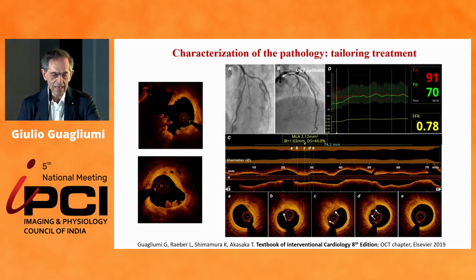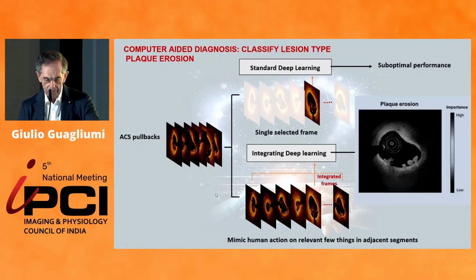Here you have another example of how AI can help in characterization of the pathology. We saw some examples of erosion, which is becoming an important reality, but we know that to have the diagnosis of erosion many times by OCT is challenging.